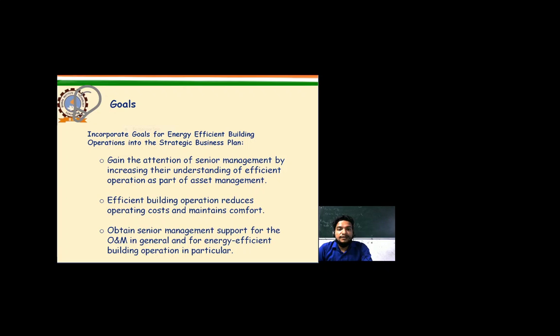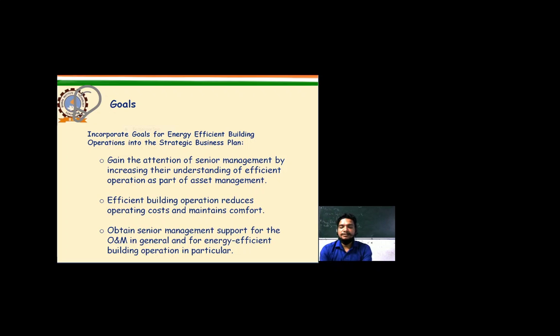From the slides, you can see the goals here. The definition or points for the goals are given here. Now, if we are interested in incorporating goals for energy efficient building operation into the strategic business plan, there may be the following points.